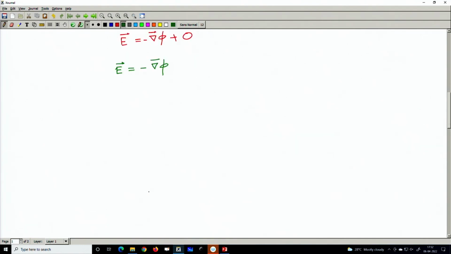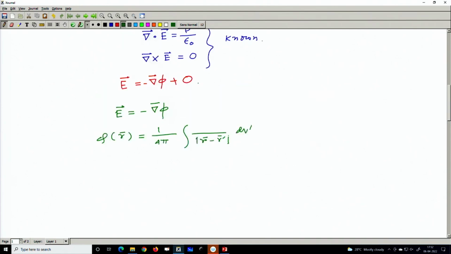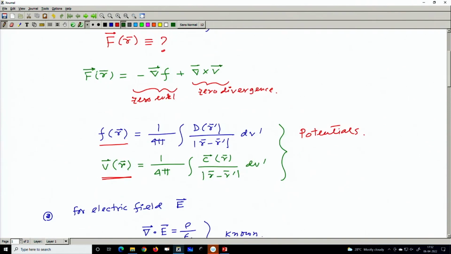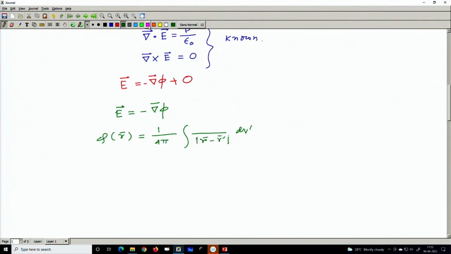Now, what is phi? That is rather interesting, because I know the recipe to find phi. Phi, which is a function of r, according to the Helmholtz theorem should be 1 by 4 pi times the integration of something divided by r minus r prime dv prime, and here we put whatever value we have for the divergence, D. According to this equation, D is rho by epsilon, and sorry, D should not be a vector because it is a scalar quantity, and my C is simply 0.